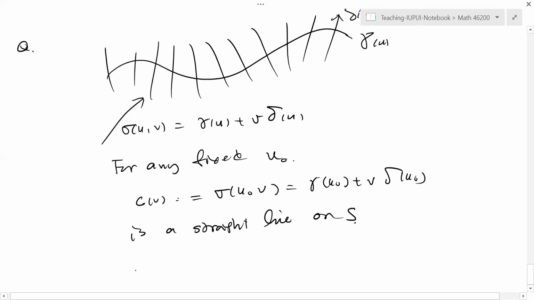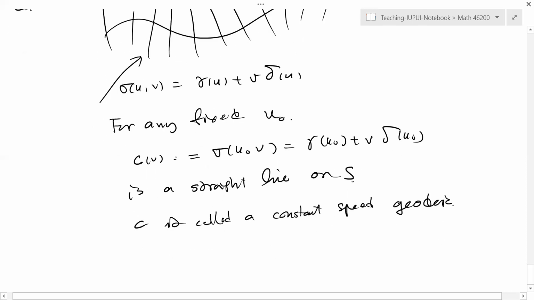It describes a geodesic, but it's not a unit speed geodesic. C is called a constant speed geodesic. Then we're not going to distinguish between a map for the curve and the curve when talking about geodesics. Sometimes we say this curve on the surface is a geodesic, sometimes the map which describes that curve is called a geodesic.